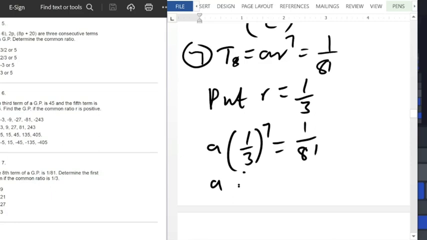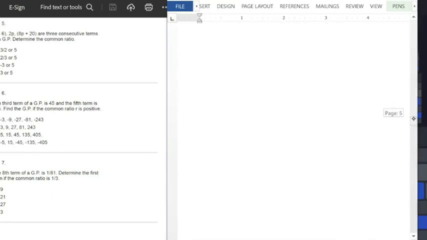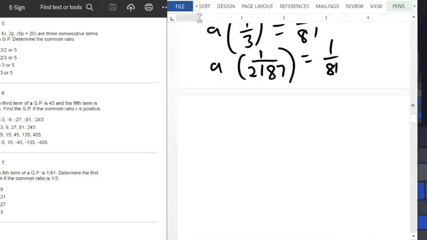So we have a times 1 all over 3 raised to the power 7. 3 raised to the power 7 is 2187. So a over 2187 equals 1 over 81.